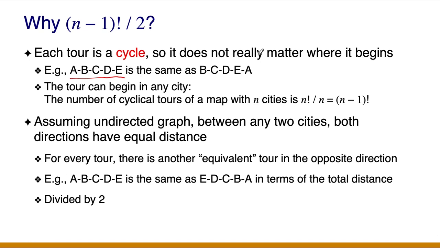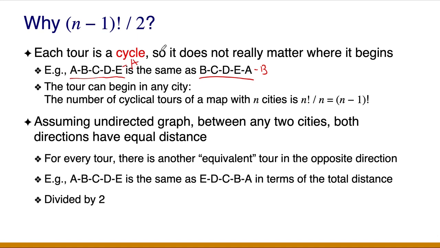So if you do that, because it's a cycle, this particular route will be exactly the same as if you begin your traversal from B, right? Because you're going to traverse all the cities in exactly the same sequence: B, C, D, E, A, and then you go back to B. If you look at it, they are exactly the same, right?